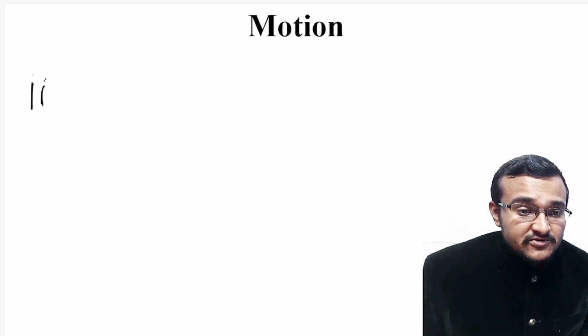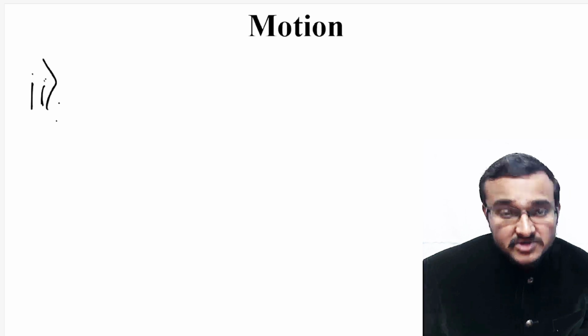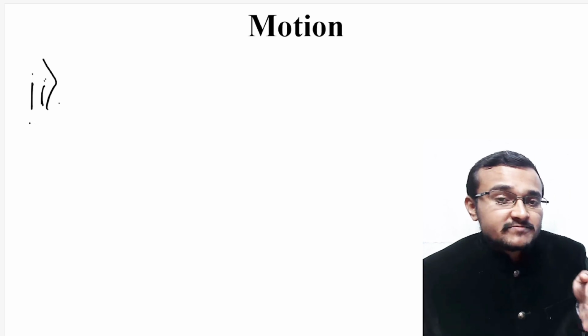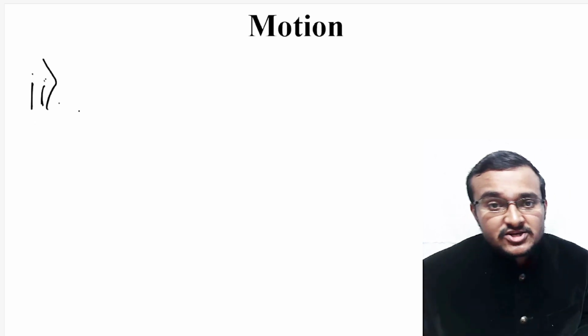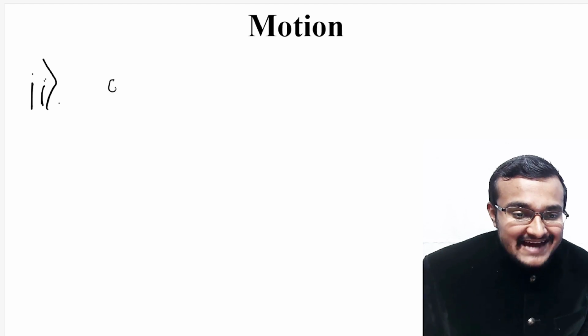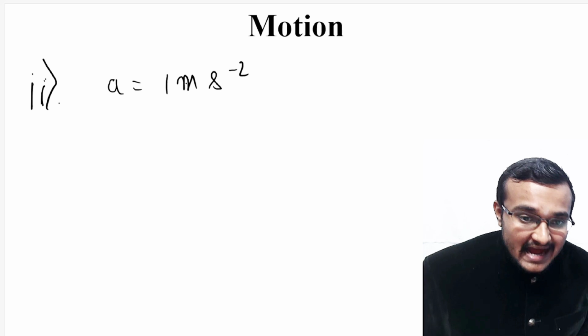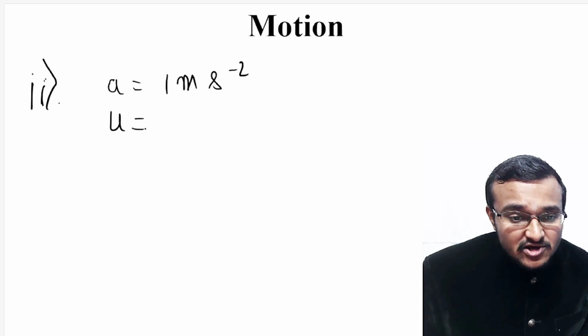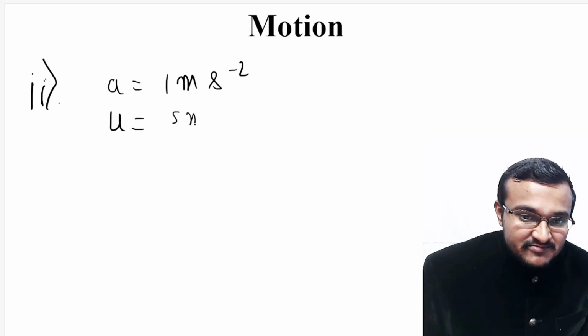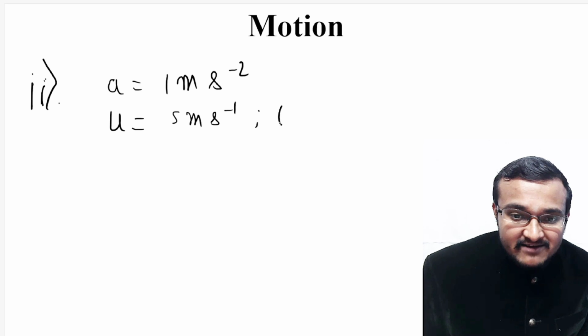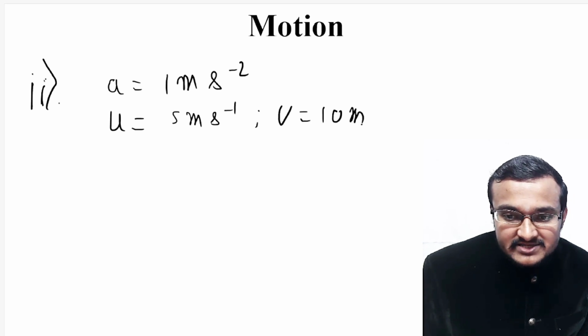Now we have to calculate the total distance traveled by this particular car from reaching 18 km per hour speed to 36 km per hour. Acceleration you have got as 1 meter per second square, initial velocity as 5 meter per second, final velocity as 10 meter per second, and time is 5 seconds.